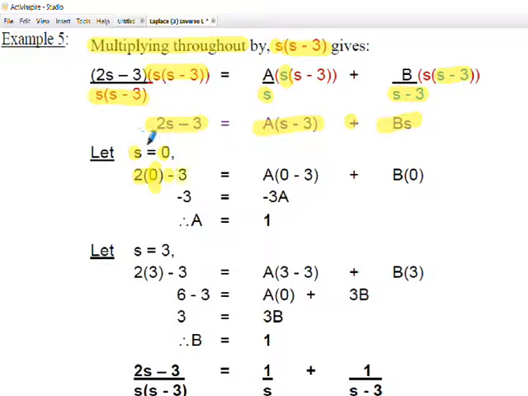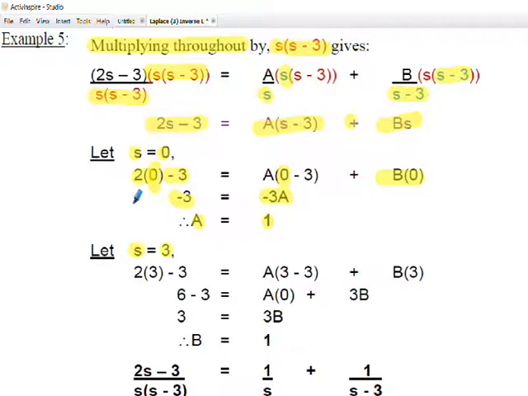Take away 3, so on the left hand side I get minus 3. And if I go to the right hand side, put in 0 and I've got s there, I get minus 3 times a, and as I said, the b times 0 term disappears. So basically dividing both sides by minus 3, I find that a is equal to 1. So I've got the value of constant a. To make the next term go to 0, if I make the value of s 3, then the a term will disappear on me, so that's what I'm going to do now.